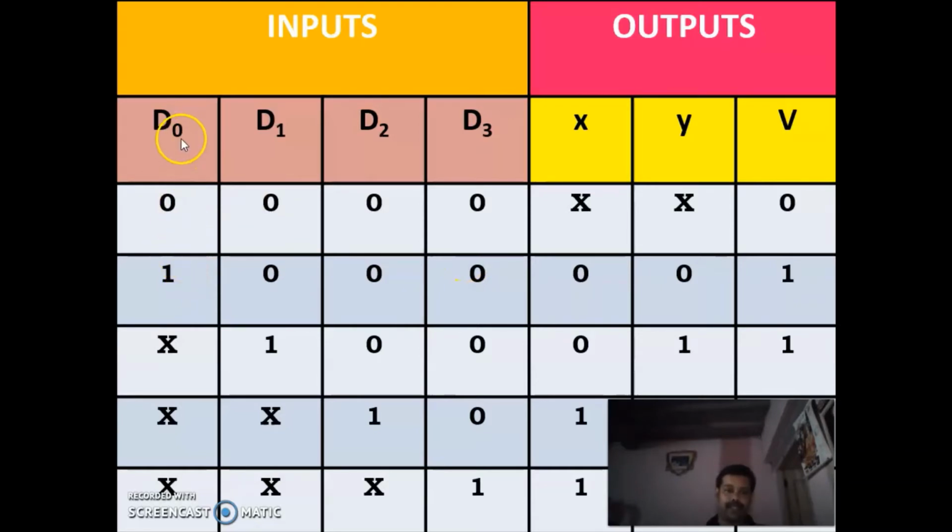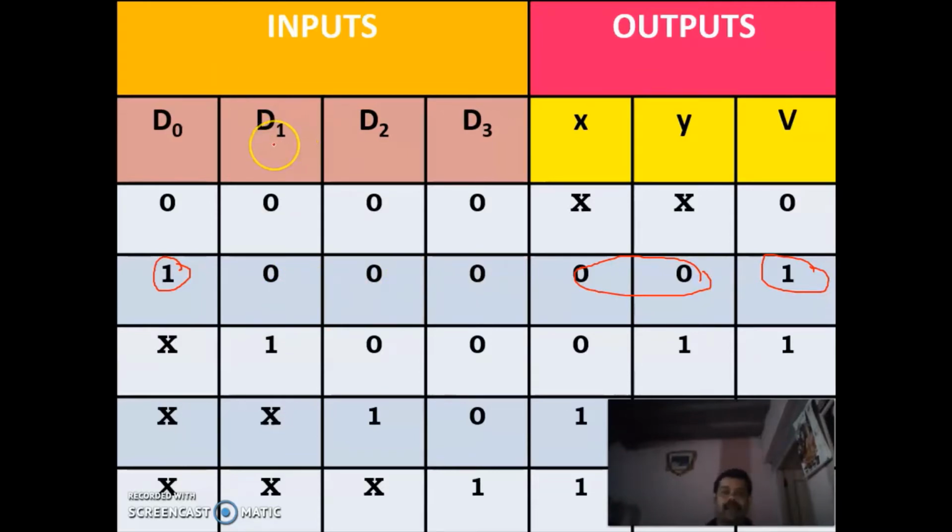Since one of the inputs is 1, we put 1 in the place of V. Then we write the binary value of 0 in 2 bits, 0 0, for X and Y. Then you put 0 in the place of D1, D2 and D3.